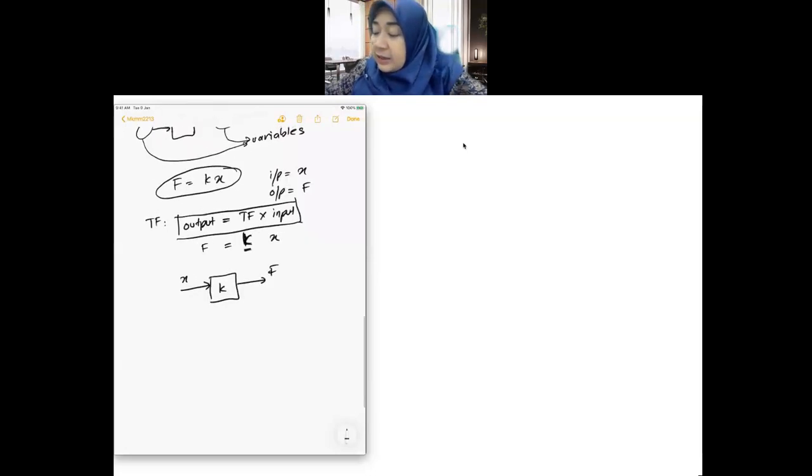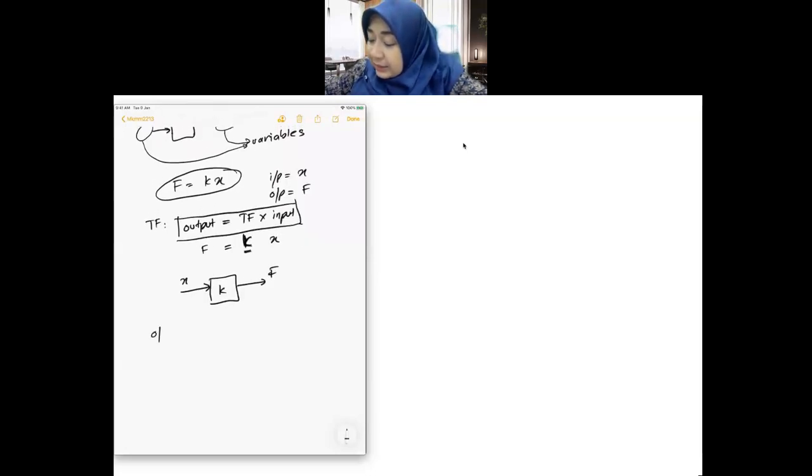Let's say I decided differently. Let's say I decided output is x, input is f. Is it okay? Yeah, it's okay. It's quite straightforward. However, I need to go back to my transfer function equation and rewrite this. So my output is now x, my input is now f.